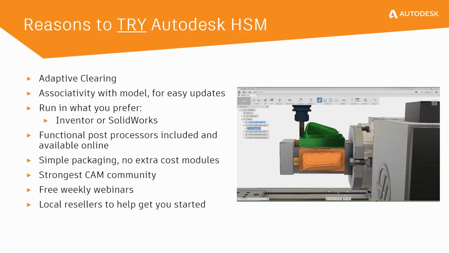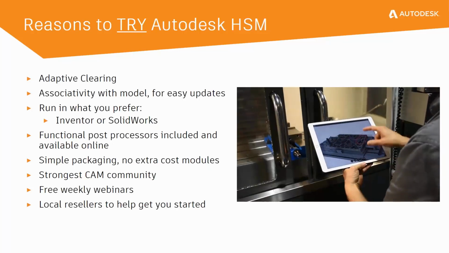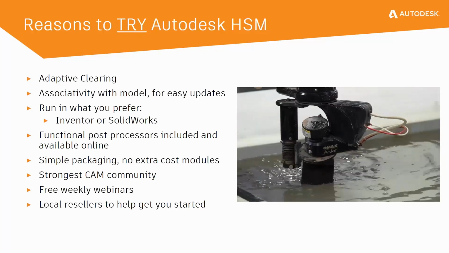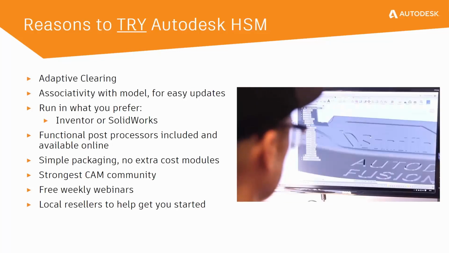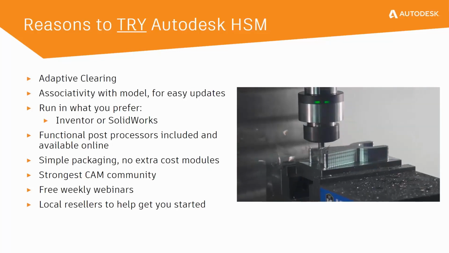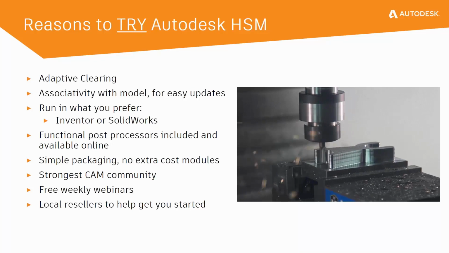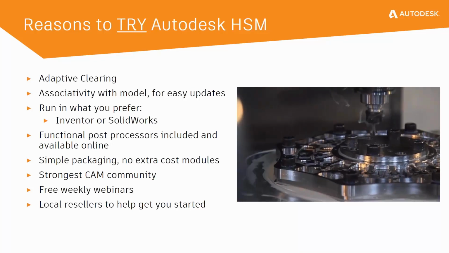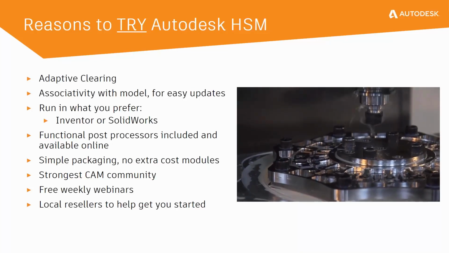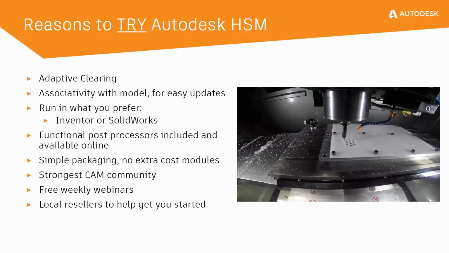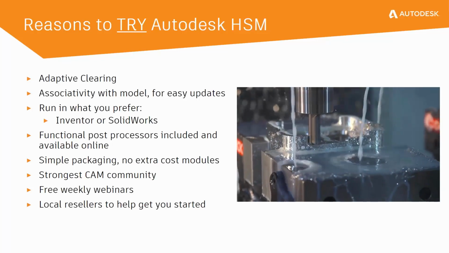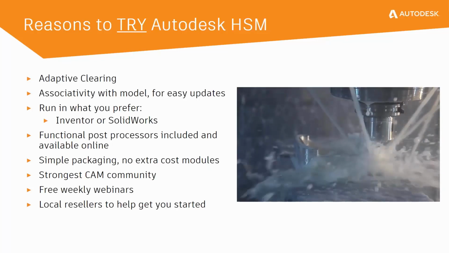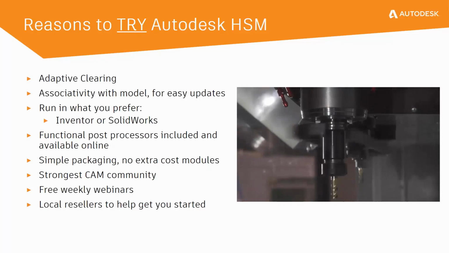There's no extra modules associated with it, so when you subscribe to the Product Design and Manufacturing Collection, which is how you'll access Autodesk HSM, there's no upgrade path, so you don't have to pay additional to get access to, say, adaptive clearing technology or the probing technology or multi-axis capabilities. You get all of the technology that we've spoken about today in your subscription to the Product Design and Manufacturing Collection.